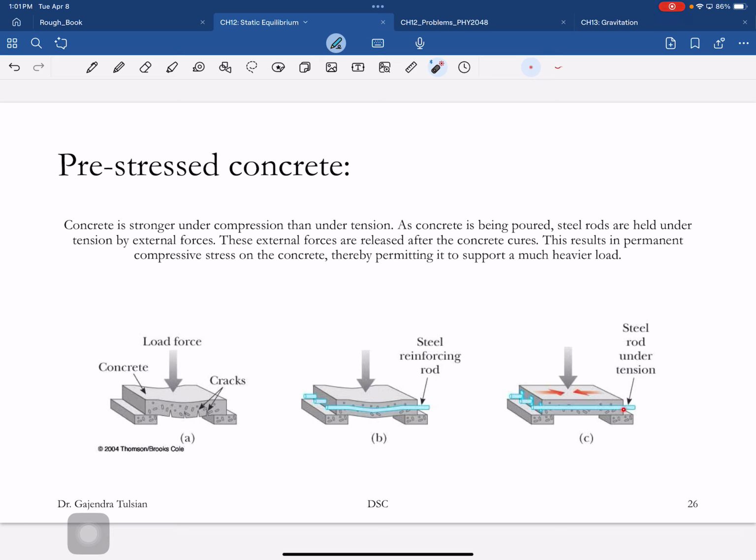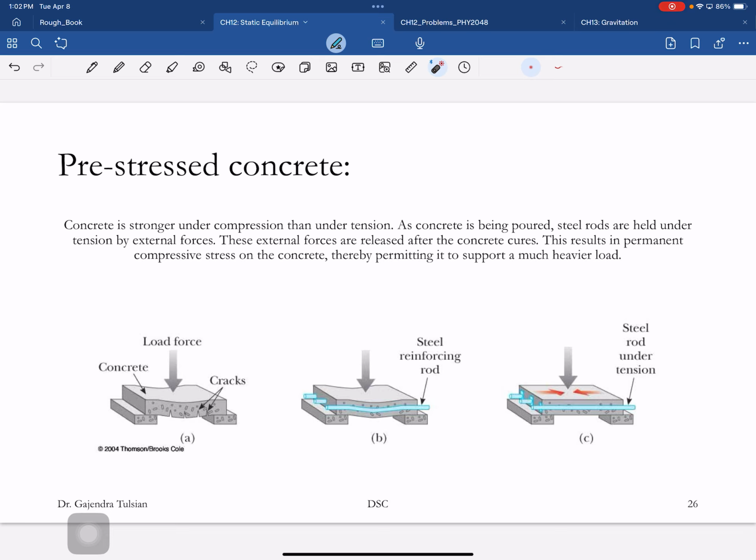You take these steel rods, reinforcing rods, and when you're pouring the concrete, you stretch them. They're under tension. Pour the concrete, let the concrete cure, and then let go of the tension.